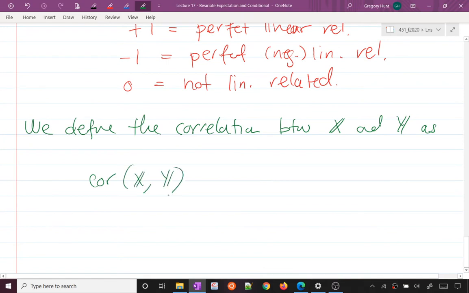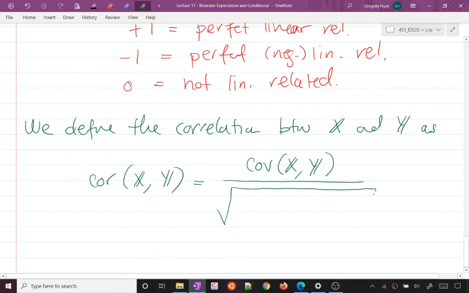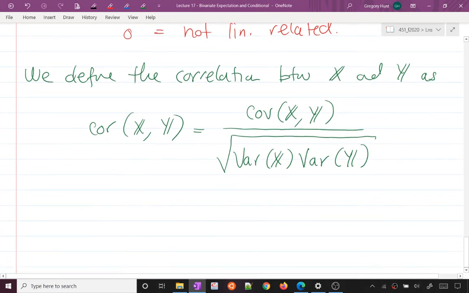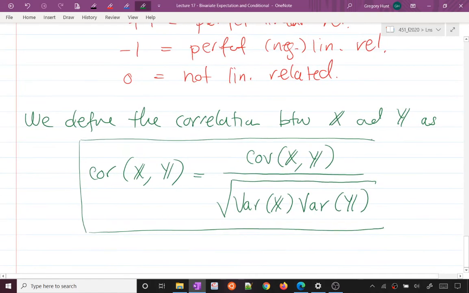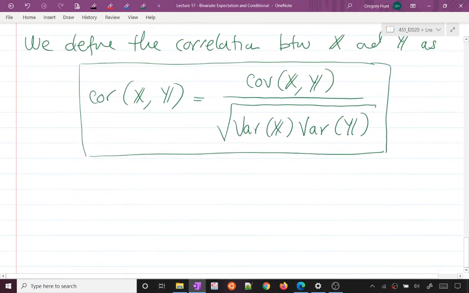So COR of x and y is the correlation between x and y, and that is going to be defined as we're going to take our covariance between x and y, and we're going to rescale it by the square root of the variance of x times the variance of y. So this is something you should burn into your memory here. This is our definition of correlation. And correlation is always going to be between -1 and 1, which makes it more interpretable.